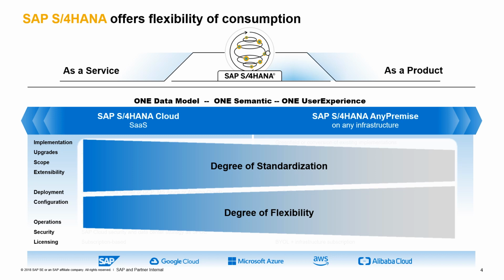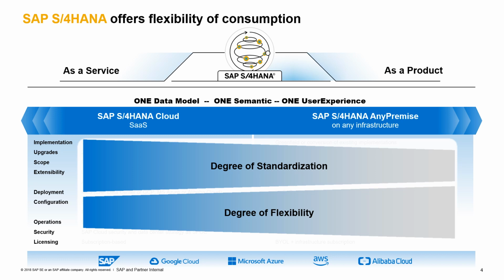The messaging for 2020 for SAP S4HANA is that we have a single SAP S4HANA solution. It's one data model, one semantic layer, one user experience. The messaging we would like you to share with your customers and prospects is that SAP S4HANA has flexibility of consumption of the solution.